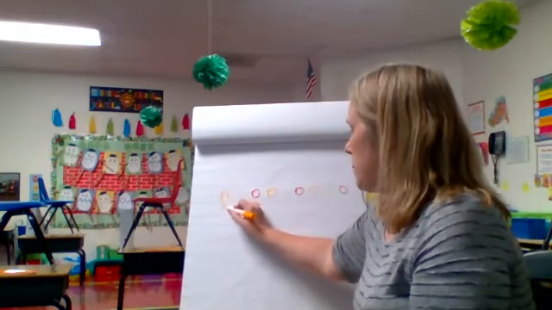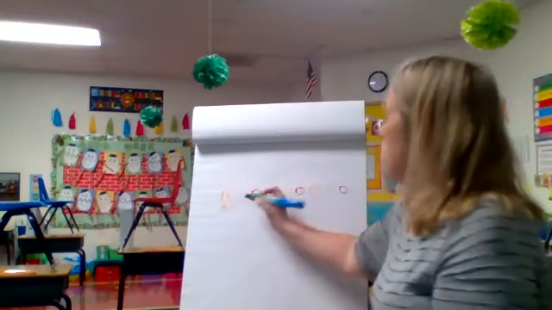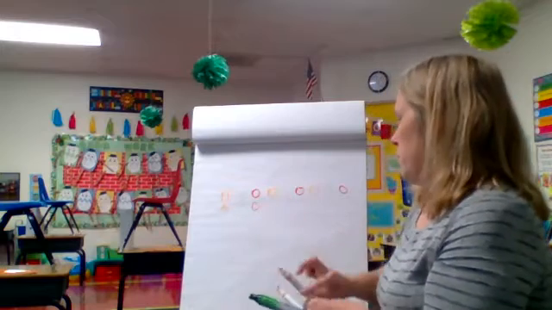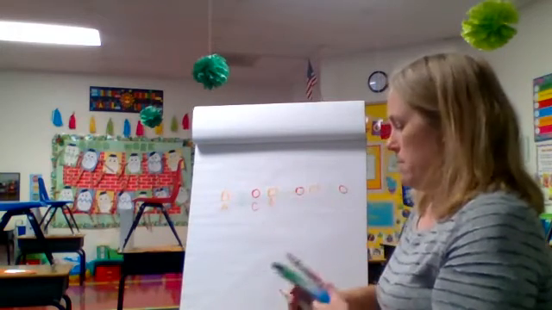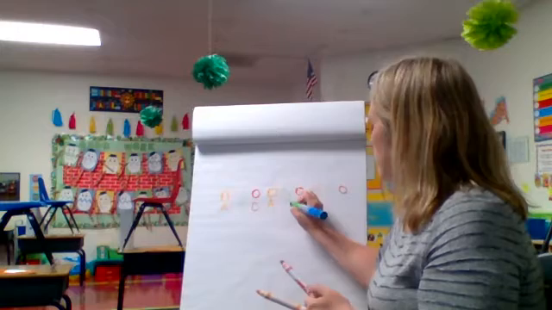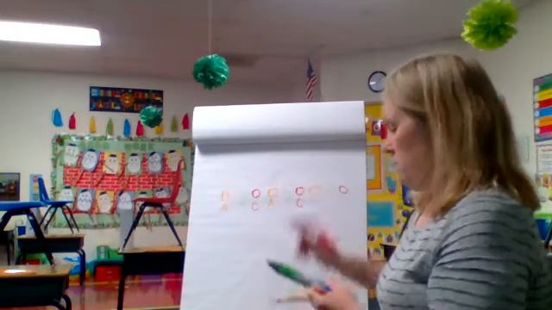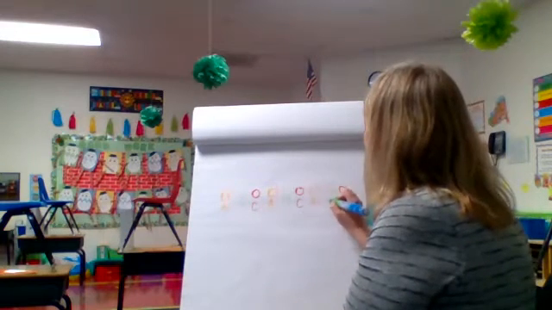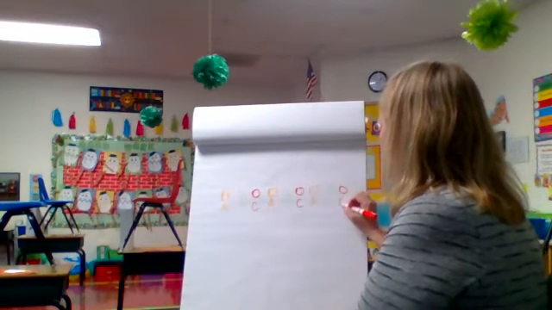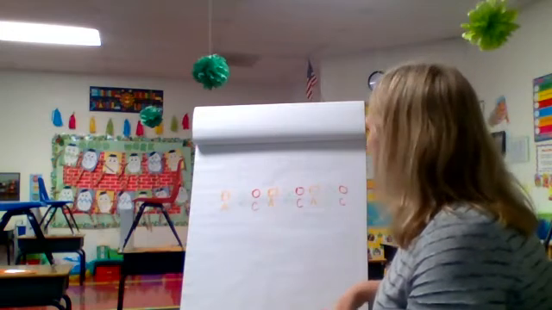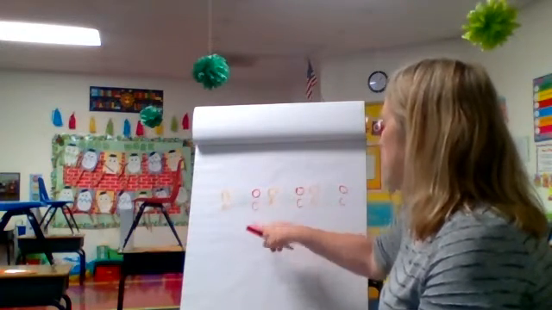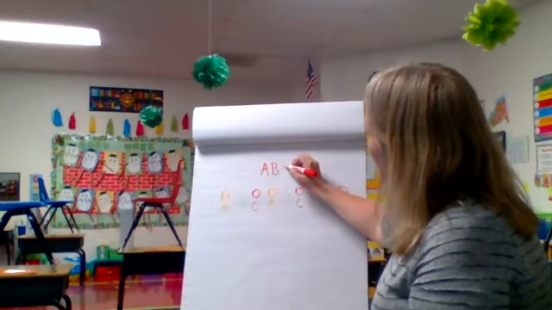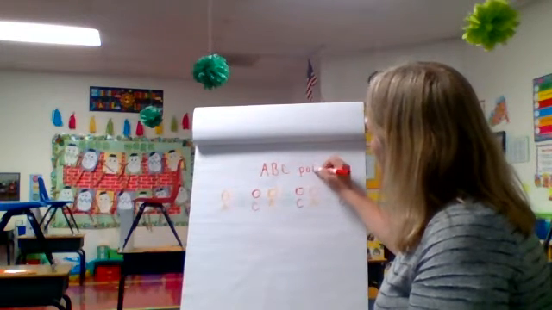Now, instead of saying the shape, I can also say these patterns, naming them by a letter. So A, B, C. A, B, C. A, B, C. The square is an A, the triangle is a B, and the circle is a C. So this is what it would be called, an A, B, C pattern.